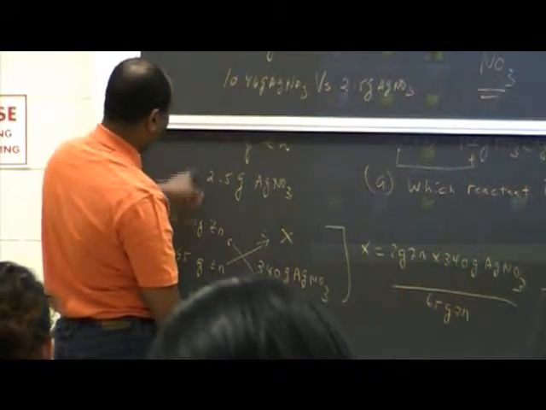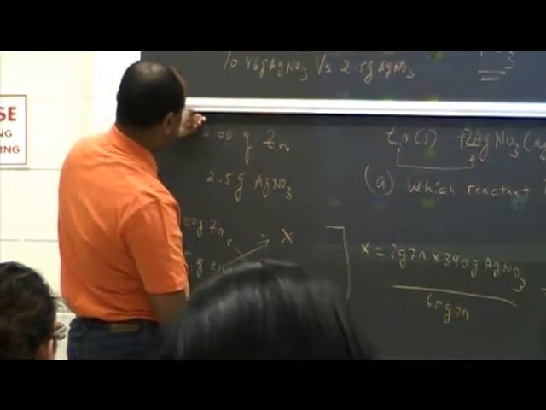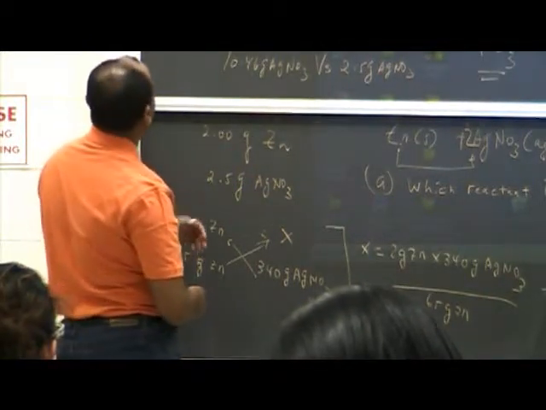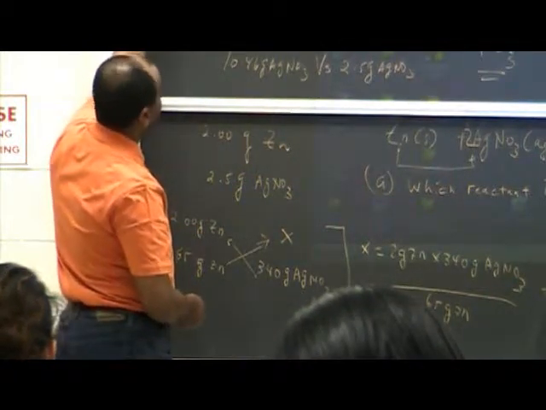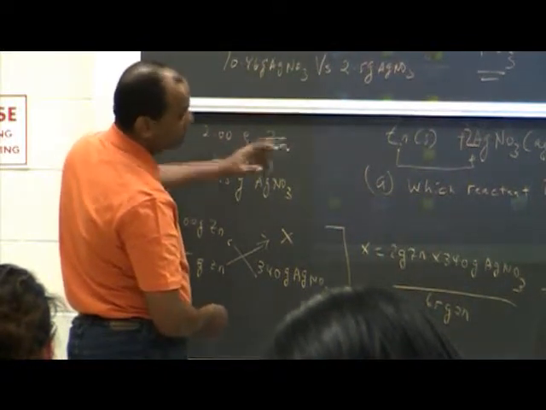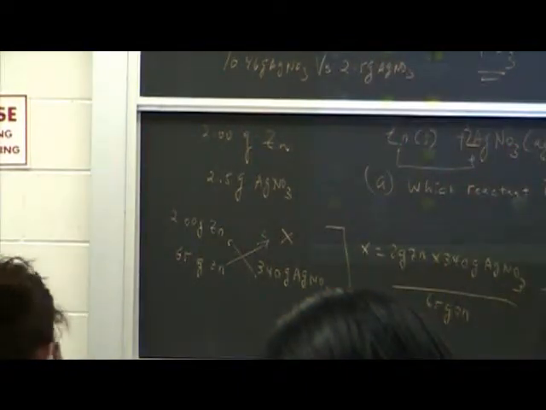If you have 2.5 grams of silver nitrate, you only need 10.46, okay? If you have 2 grams of zinc, and you have 2.5 grams of silver nitrate, you need 0.48 grams of zinc.